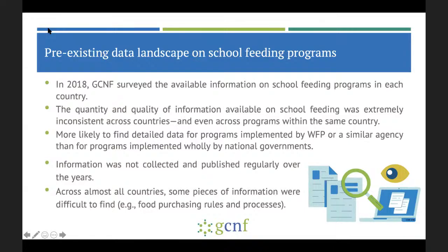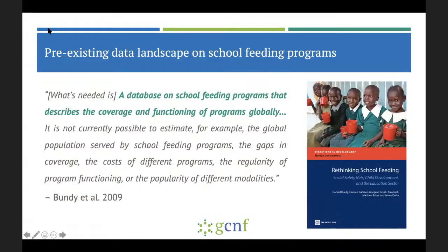So this pre-existing data landscape is what inspired Donald Bundy and co-authors in 2009 to note that what was missing in the world and what was urgently needed is a database on school feeding programs that describes the coverage and functioning of programs globally, so that we can look across the globe and know who is reached by school feeding programs, where are the gaps in coverage, what are the different modalities through which populations are reached.